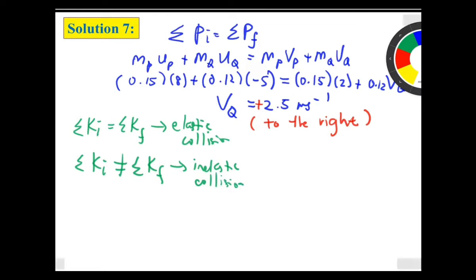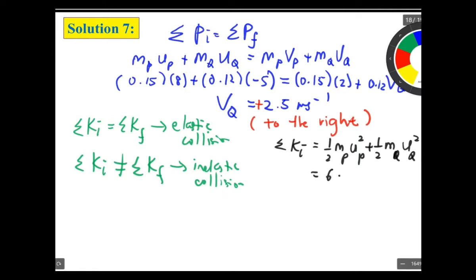Okay, collision. So kita kena buktikan lah. So cari dulu kinetic energy initial half m UB square. Jangan lupa square. Selalu student tertinggal square. So dapat final answer salah. Half MP UP square plus half MQ UQ square. Substitute the value, kamu akan dapat 6.3 joule.